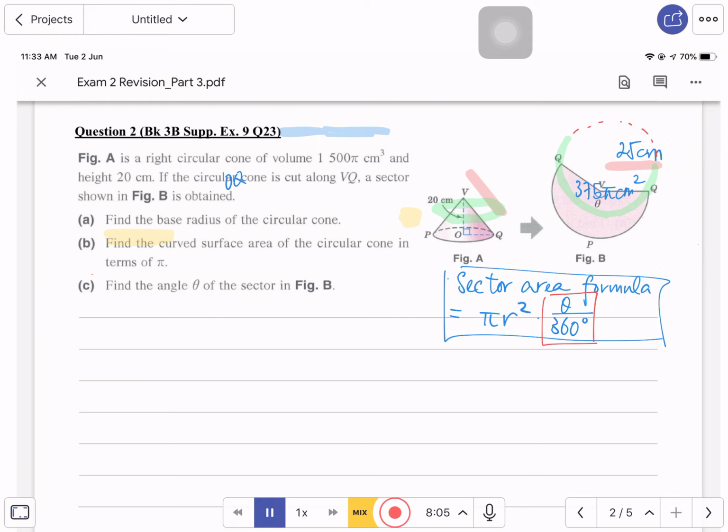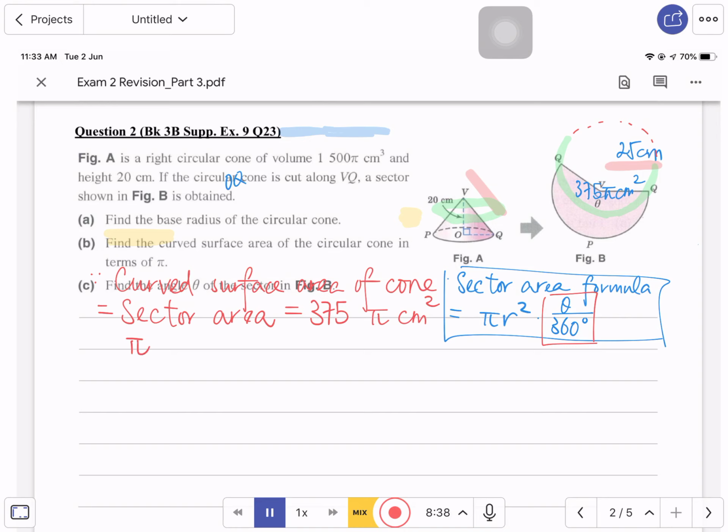And now we know that the curved surface area of the cone after cutting will be the sector area. So the sector area itself is 375 pi cm square, and we know that it is pi times the radius of the sector.